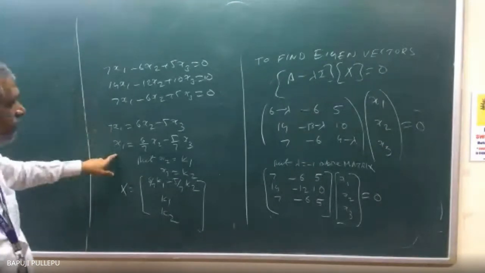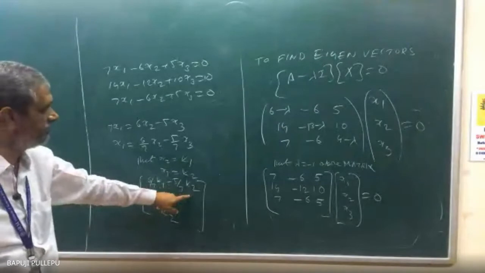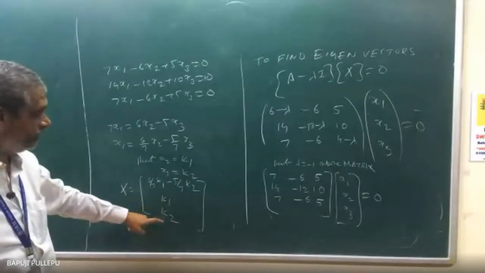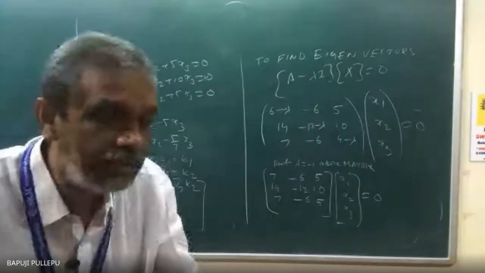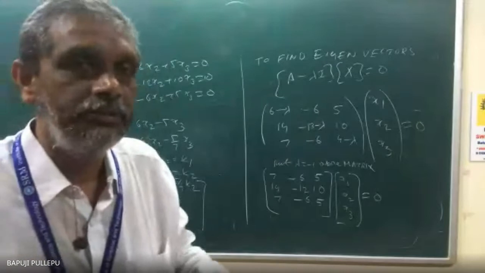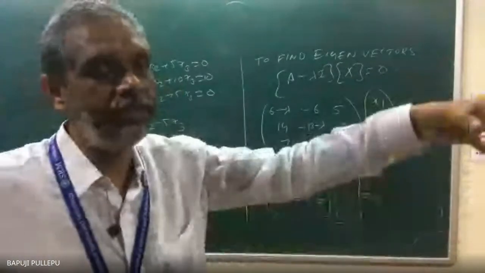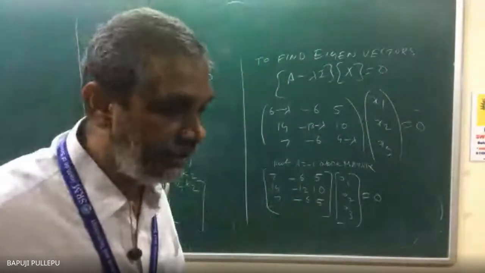Now x1 becomes 6 by 7 k1 minus 5 by 7 k2, x2 is k1, x3 is k2. Small x1, x2, x3 are the components of the eigenvector. Capital X1, X2, X3 are each equal to x1, x2, x3. I want to find 3 eigenvectors, in that shape I have written. Correct? Any problem? No, sir.